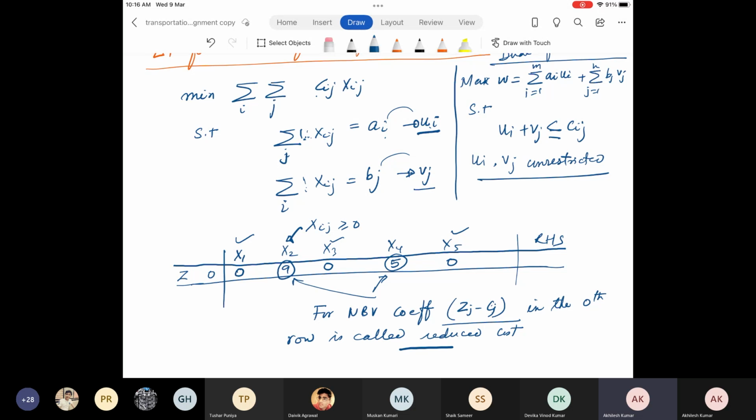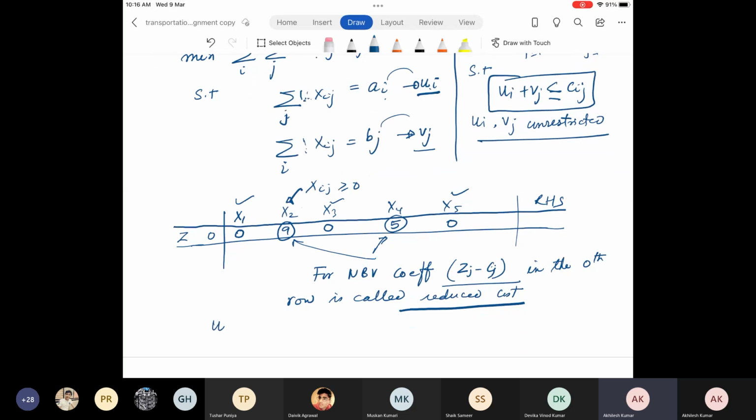So that is the idea of reduced cost, and that is what we are following: ui plus vj less than or equal to cij. So ui plus vj is equal to cij for basic variables, because ui plus vj minus cij, that is nothing but this row, should be equal to 0 for basic variables.